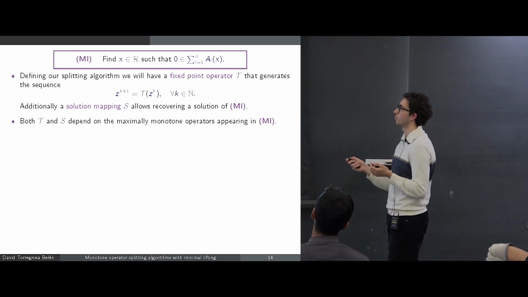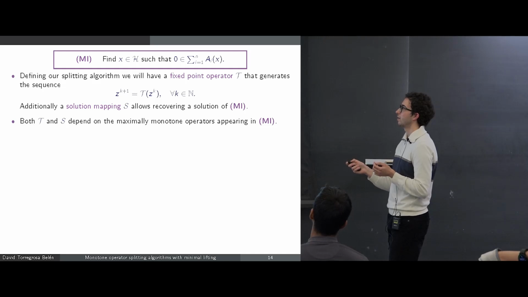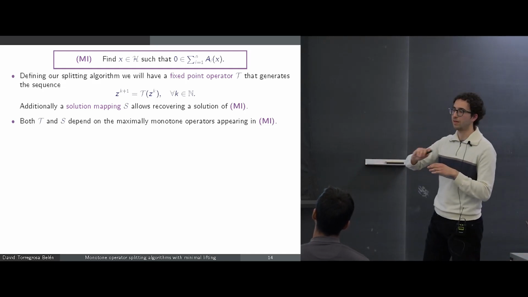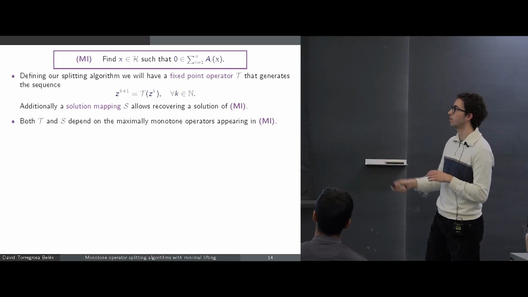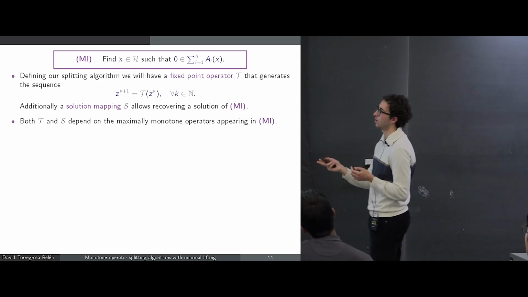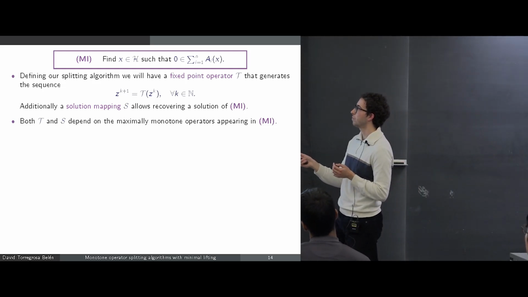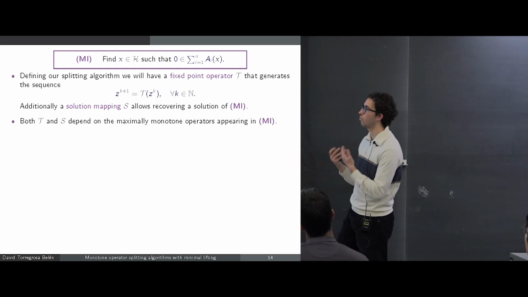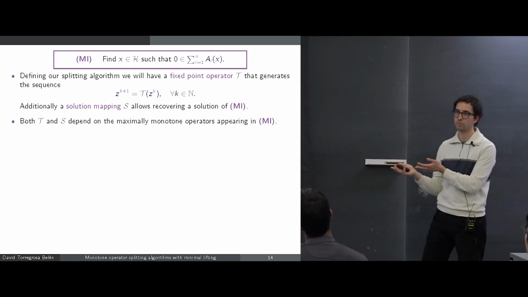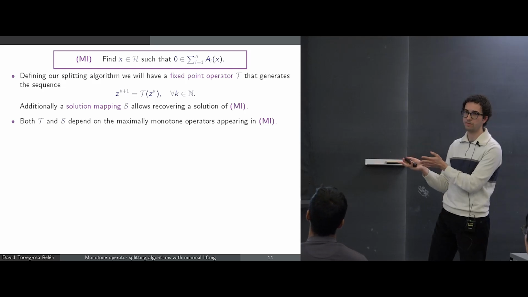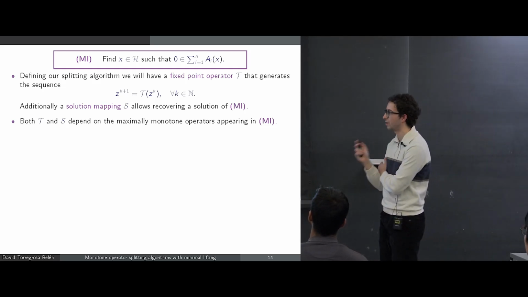The first one is a fixed point operator T, which defines the fixed point iteration of the method. But then I need a second operator, a solution mapping S, which allows me to recover a solution of the monotone inclusion problem. This was what happened for the Douglas-Rachford operator.